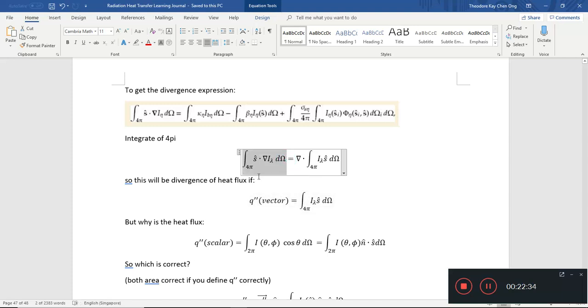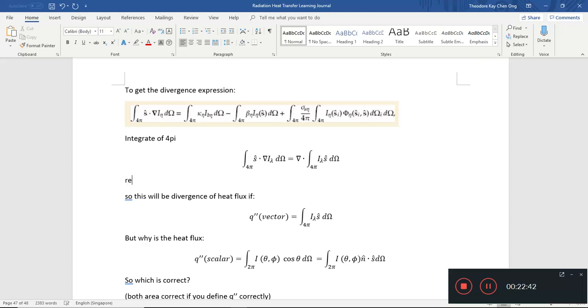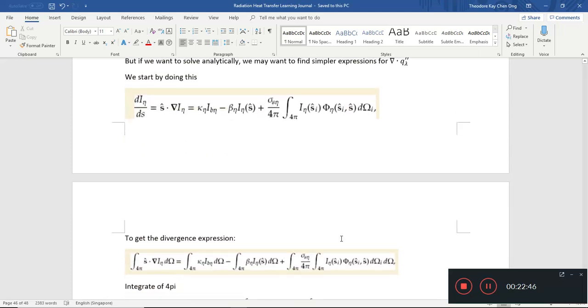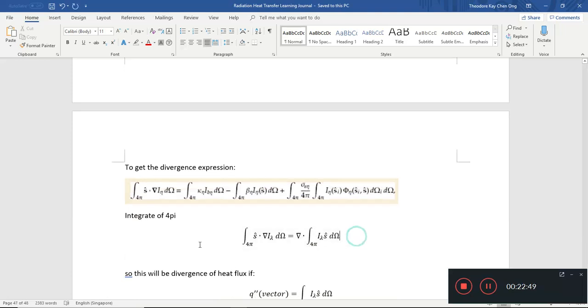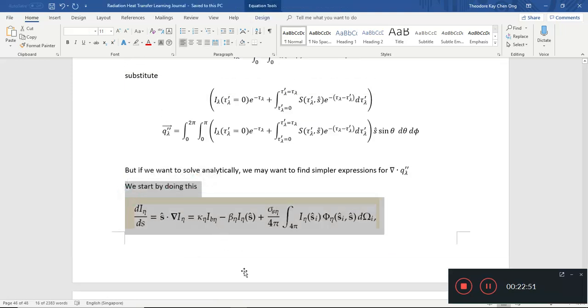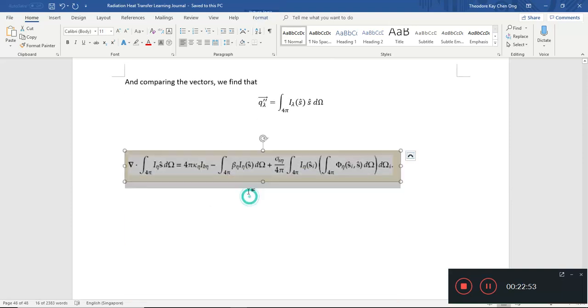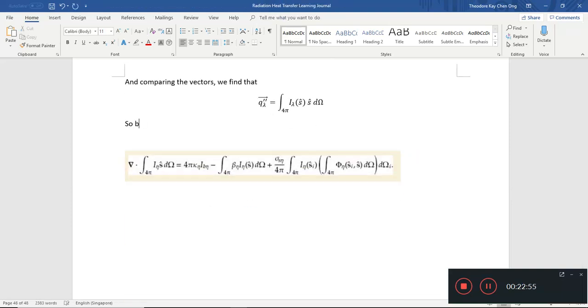We integrate over 4 pi, this, which is dI/ds, as we have described before. Okay, so I'm going to copy and paste everything downwards. Okay, so back to our original problem.